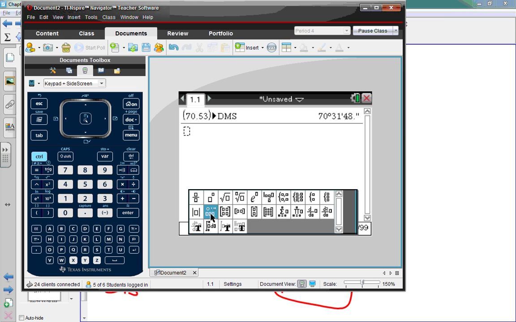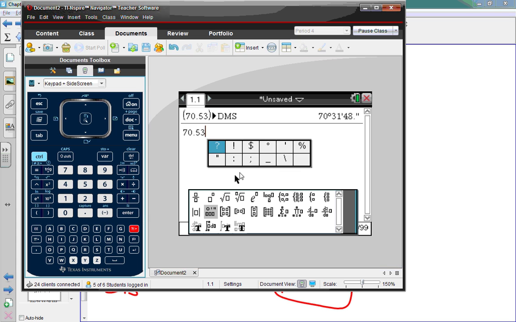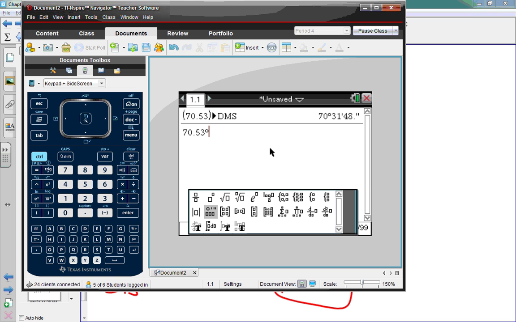We can just put in 70.53 degrees, right? And then it'll automatically get it. It should. I'm not certain on that. Have you tried it? You want me to test that? 70.53, you're only putting in degrees.